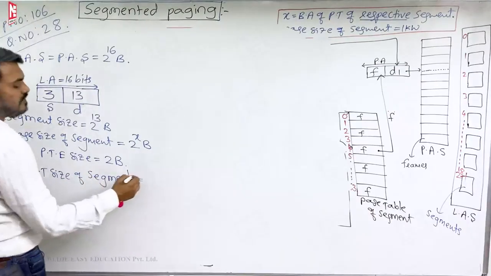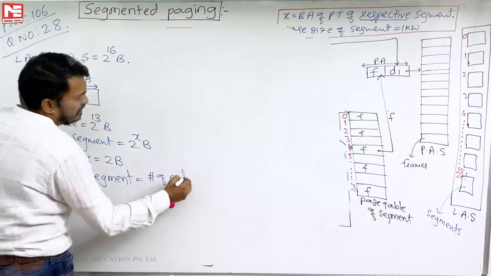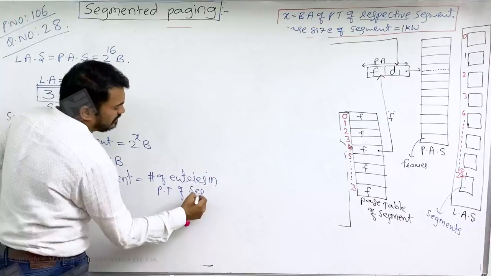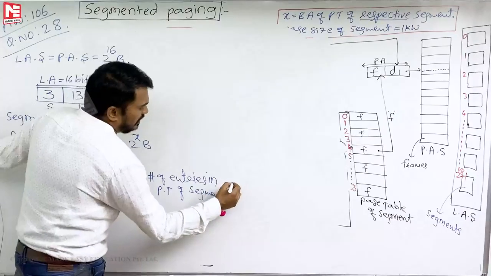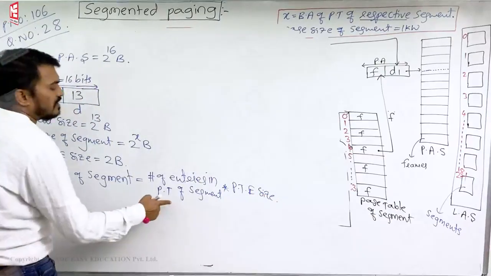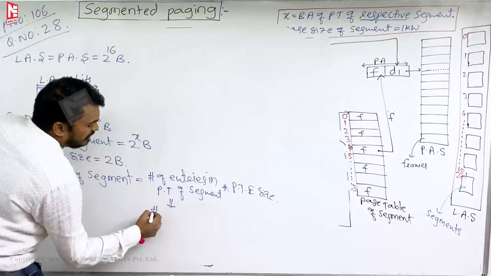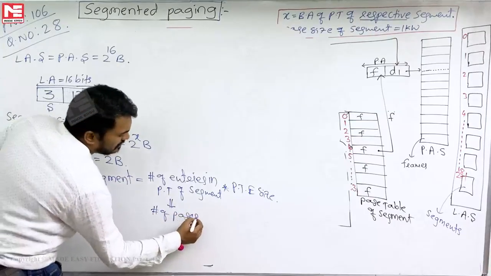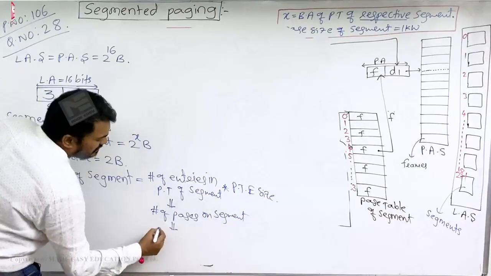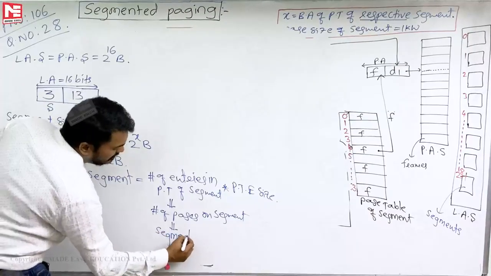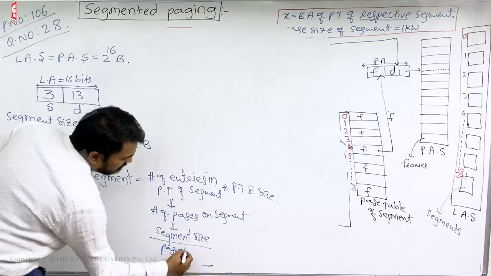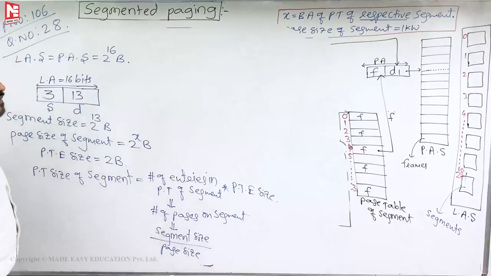Now tell me how you get the page table size of segment. Same formula: number of entries in the page table of segment multiplied by the page table entry size. The number of entries in the page table of segment is the same as the number of pages of segment, which is segment size divided by page size, yes or no, right.